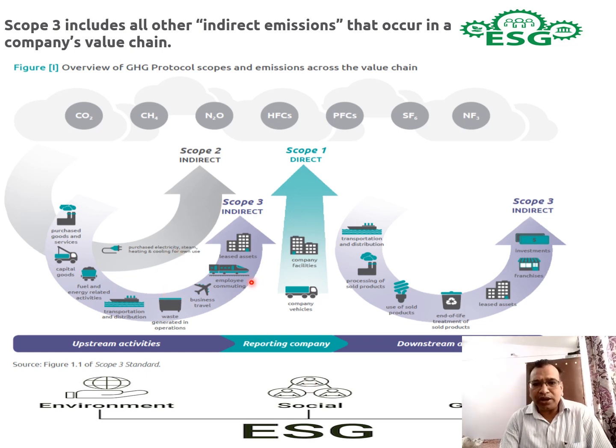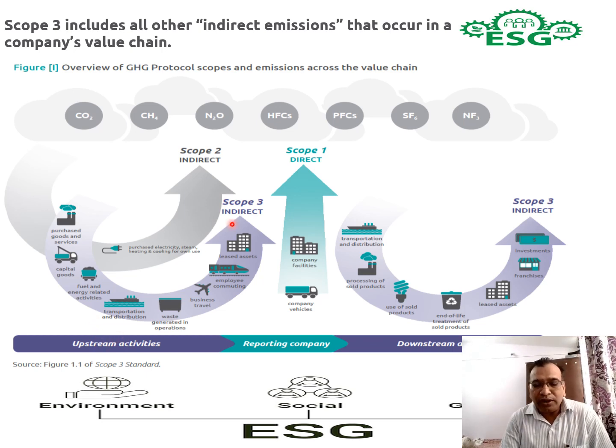So here you can see Scope 1 direct emissions are shown, then Scope 2 indirect emissions are shown, but we are going to concentrate on Scope 3 indirect emissions. For Scope 3 indirect emissions, these are the upstream activities, and here are the downstream activities. In upstream activities, it lists purchased goods and services, then capital goods, then fuel and energy related activities.